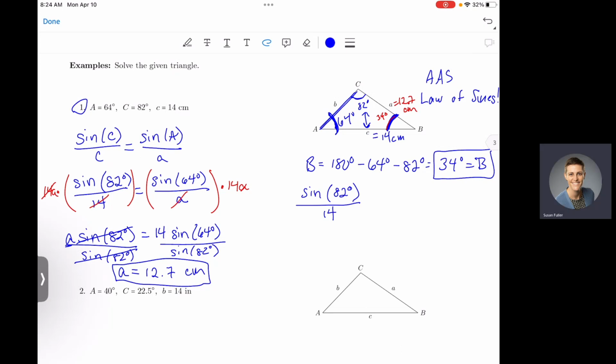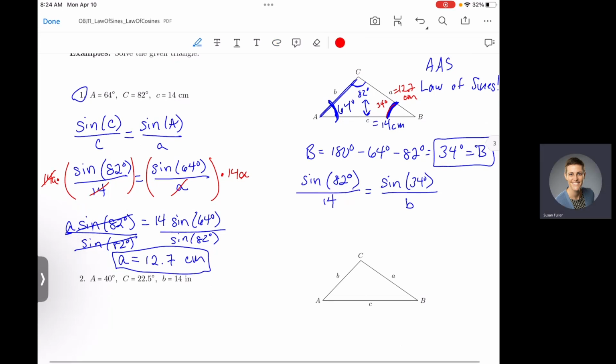But you can really use either one. And so if I start with the completed one that we were given, I'm now going to use that ratio along with the sine of angle B, which is 34 degrees, divided by side B, which I don't know, so I'm going to leave as the variable B. And now I just need to solve this out.